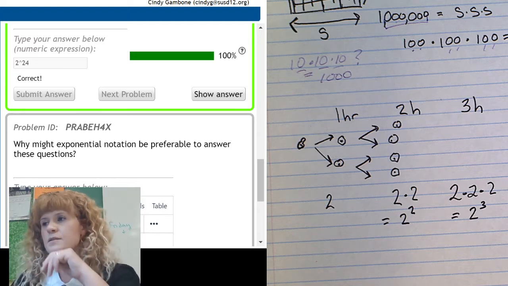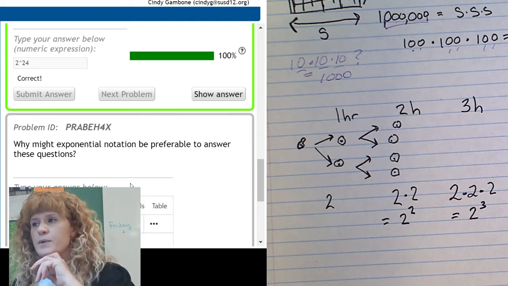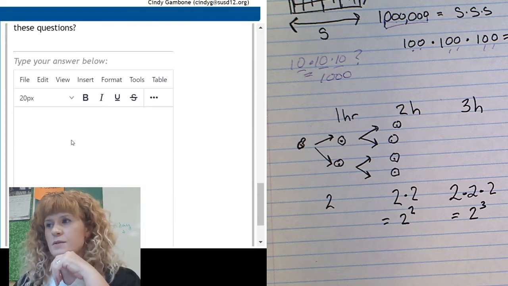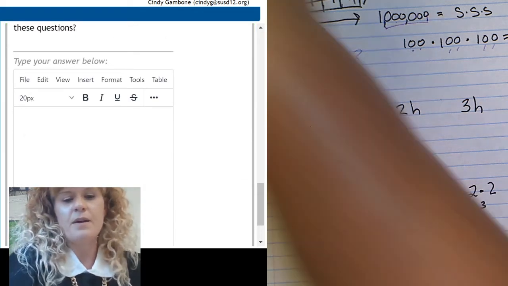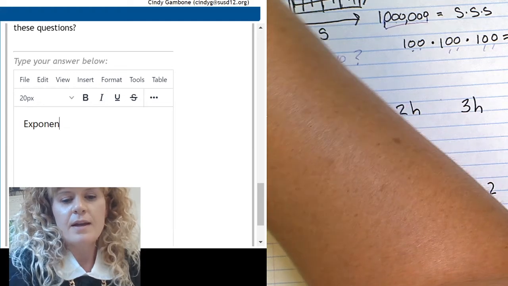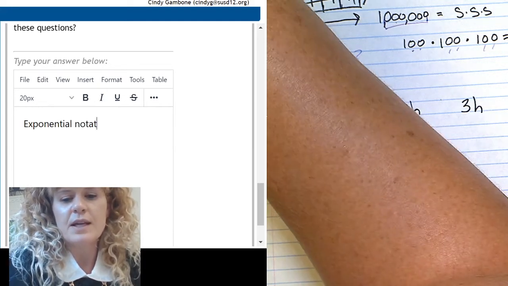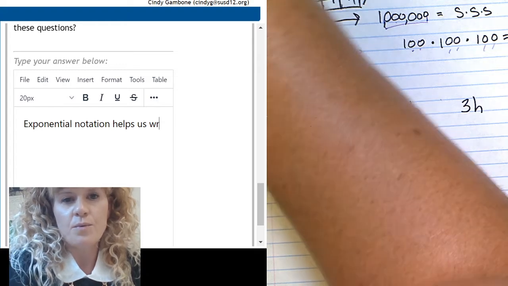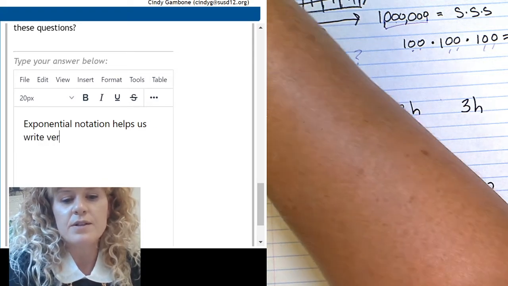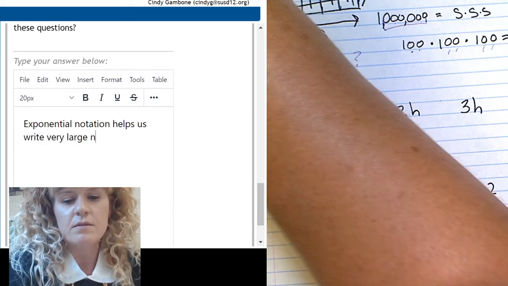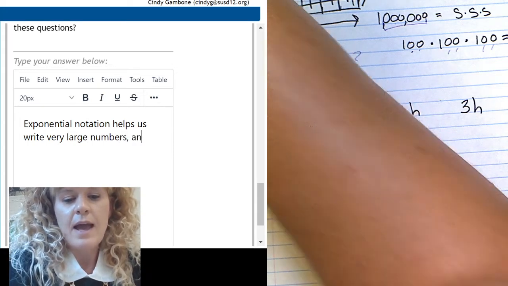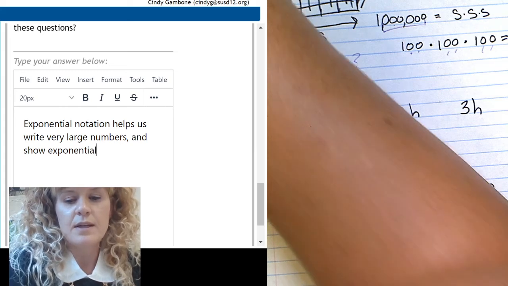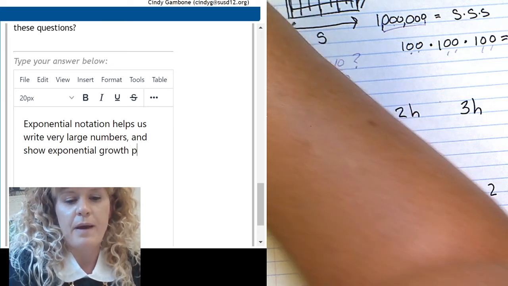Then they ask you to explain why exponential notation might be preferable to answer these questions. Okay, let me help you. Exponential notation helps us write very large numbers and show exponential growth patterns.